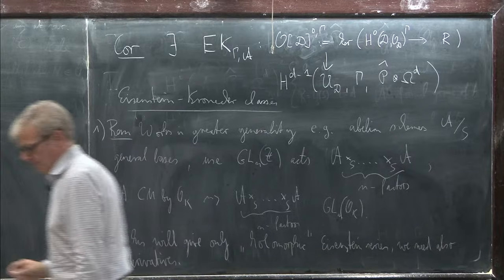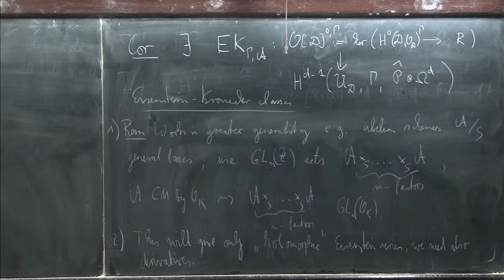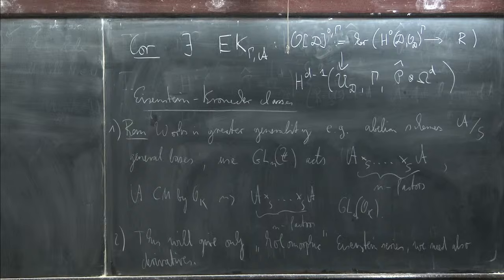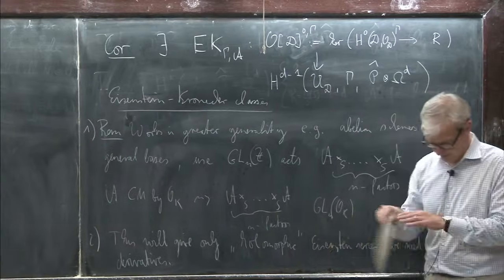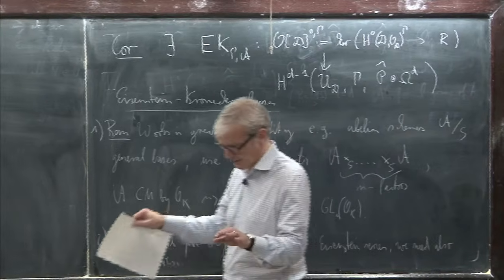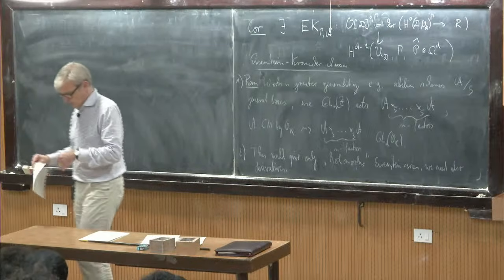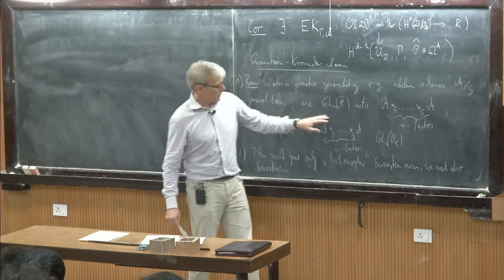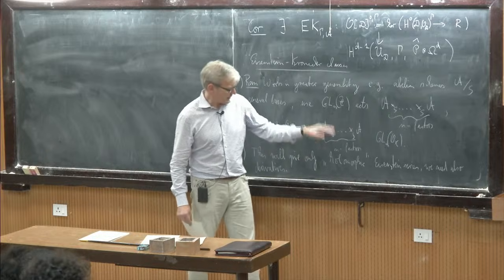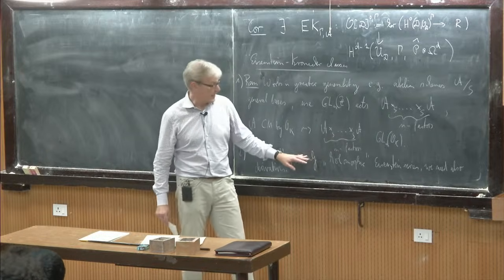If you remember my first lecture, I said the strategy of Shimura was to produce algebraic Eisenstein series on the moduli space of abelian varieties with real multiplication. You prove that the Eisenstein series are algebraic by looking at the q-expansion, and you use the classical holomorphic Eisenstein series there.